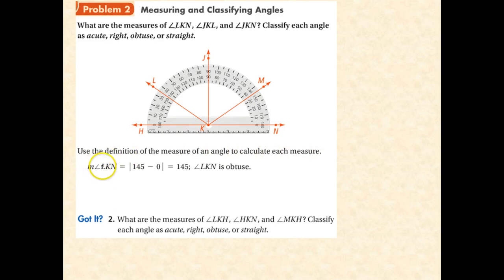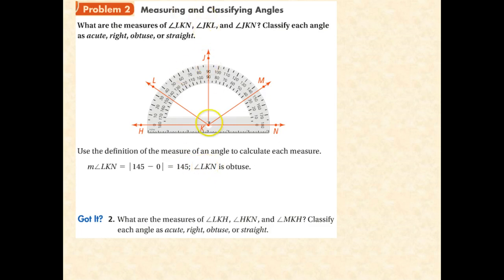So the measure of LKN is going to be the measure of this ray KL, which is right about here, 145, minus the measure of this ray, which is 0. So the absolute value of 145 minus 0 is 145. That's more than 90, so that's obtuse.